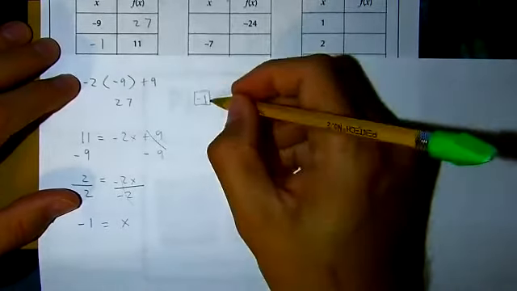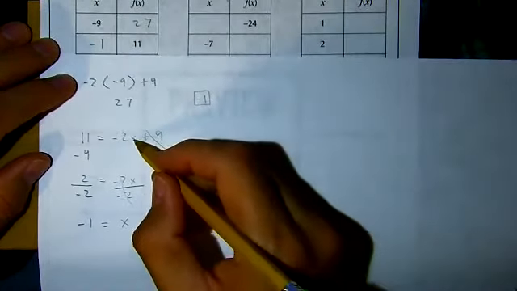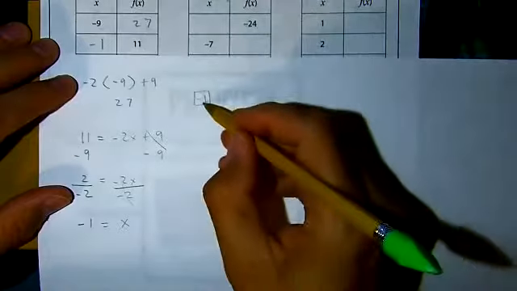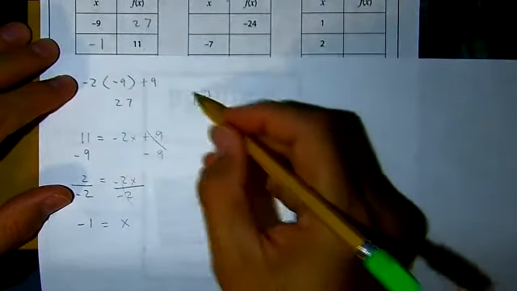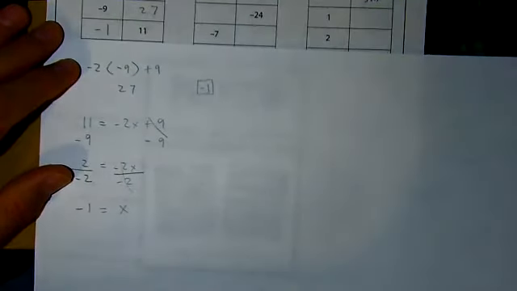So you can try each of these numbers out in the x spot and see if you get 11 as an answer. And once you get 11, you know that that's going to be the x. So you would take this and drag it and drop it right there. There are 2 different ways to do it, whichever way is easiest for you.